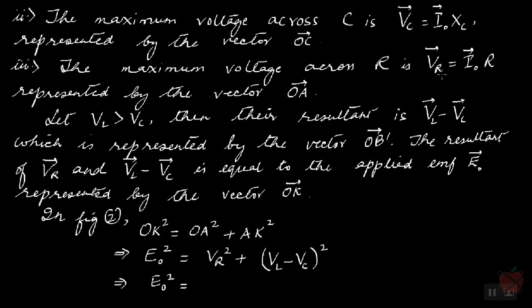Let us put the value of VR. VR is this, right? So this would be I naught square R square plus VL minus VC. VL is I naught XL, VC is I naught XC. So I can take common I naught, but there's a square here, I naught square. So inside the bracket, I will get XL minus XC whole thing square. Are we clear here?